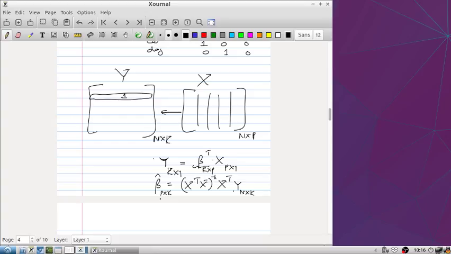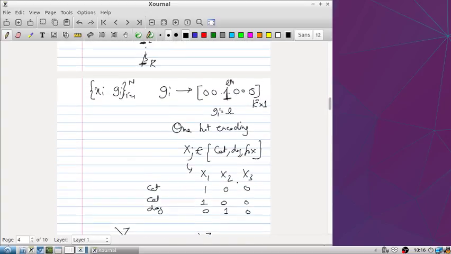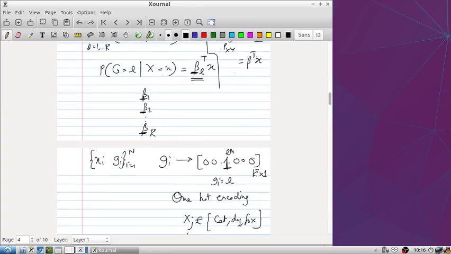You have the y matrix, you have the x matrix. These are all matrices, by the way. So you just plug those two in here, you'll get a beta hat, and this beta hat is p cross k dimensional. If you remember at the beginning, I said I'm looking for betas, each one is p dimensional, and I'm looking for k of them.